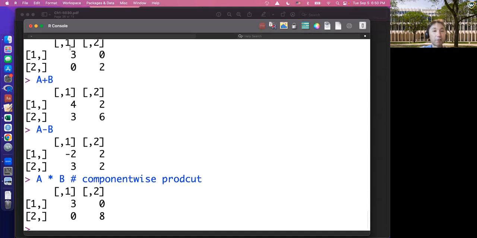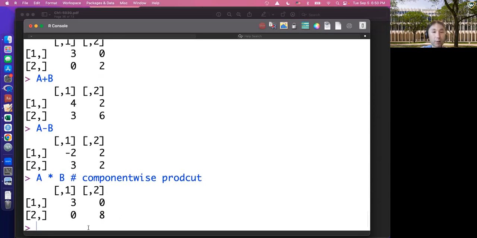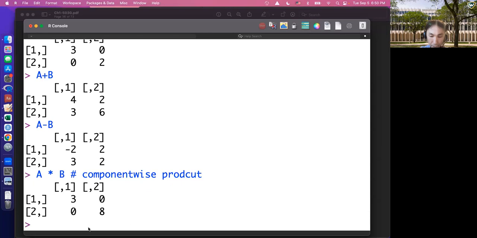So you can see the 1 times 3 appears here, and 2 times 0 appears here, and 4 times 2 appears here. So this is the component-wise product, not the matrix product. And how to calculate the matrix product? That is a slightly more complicated symbol. A, percent, asterisk, percent, B. So this is the matrix product.